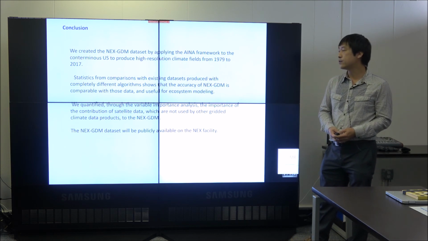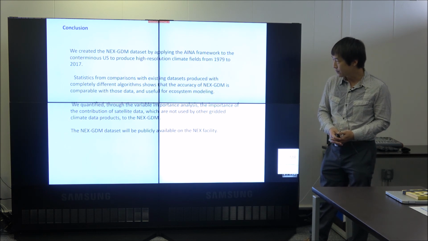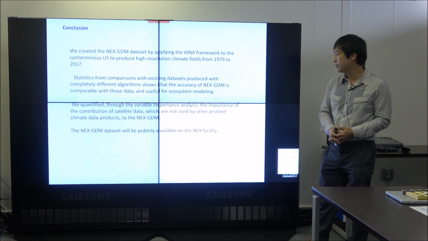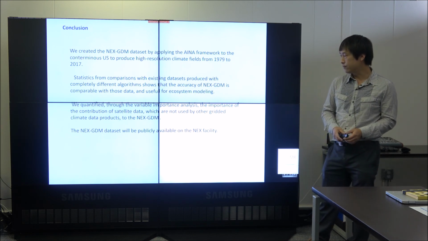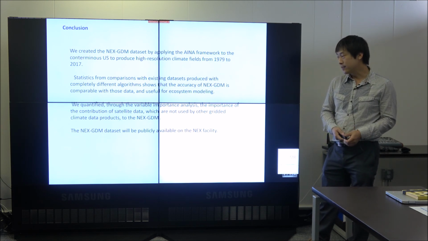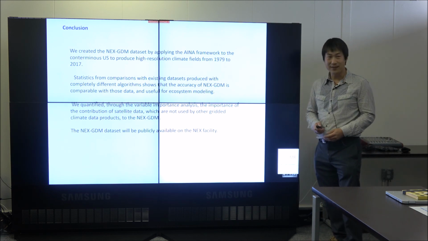We quantified through the variable importance analysis the contribution of satellite data, which are not used by other gridded climate data products, to NEX-GDM. The NEX-GDM dataset will be available on the NEX facility. Thank you for listening.